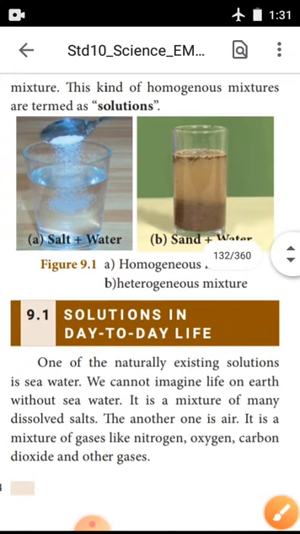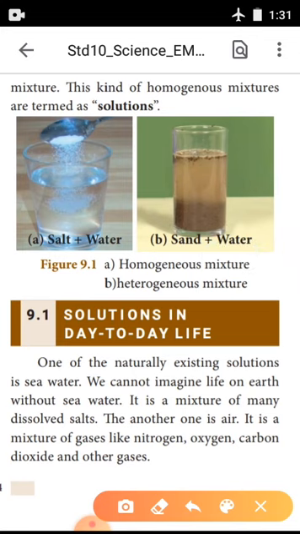And see the picture. The first one is salt and water. You have to take one beaker, take some amount of water in the beaker, add some amount of salt and mix well. We can get one solution. For example, if you take salt particles, you get salt solution, that is salt water. Here salt is a solid particle and water is a liquid.